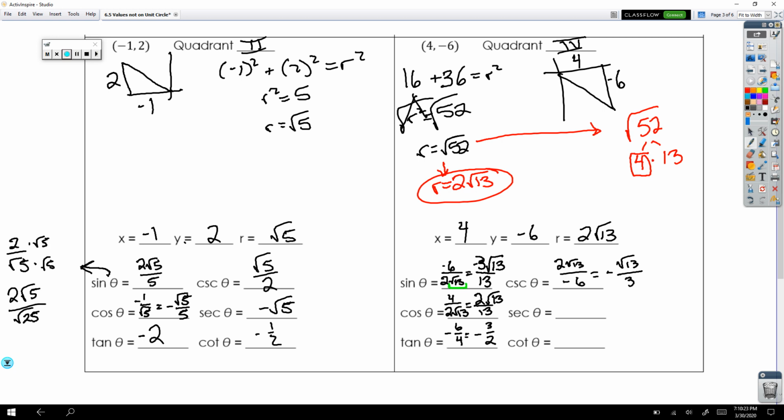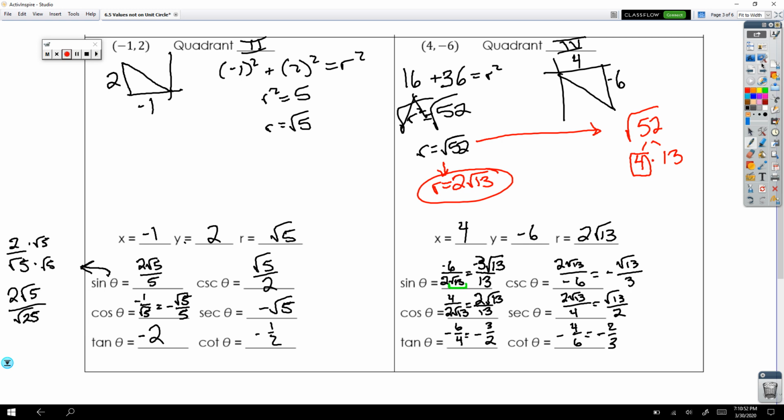Secant r over x, so 2 root 13 all over 4. Simplify, we get root 13 over 2. And lastly, cotangent of theta, we would have negative 4/6, which simplifies negative 2/3. Alright, so that is given an ordered pair, a point.